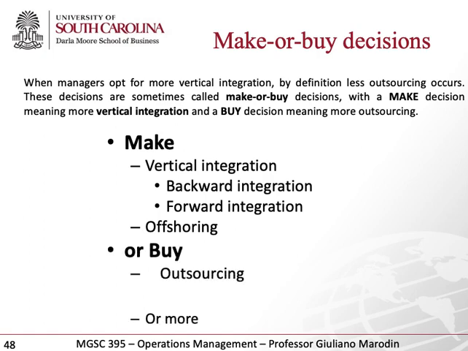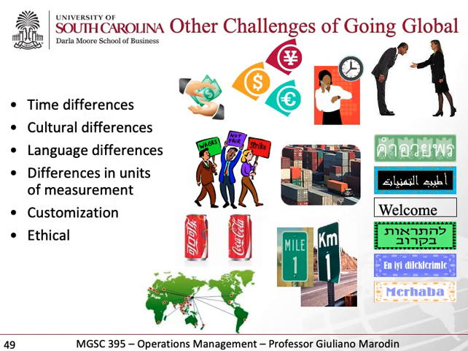Or I can make it in another country, or I can buy it. In that case, I'm going to outsource, right? So these are make-or-buy decisions. If I'm going to buy, I can outsource. If I'm going to make, I can offshore to different places, right?